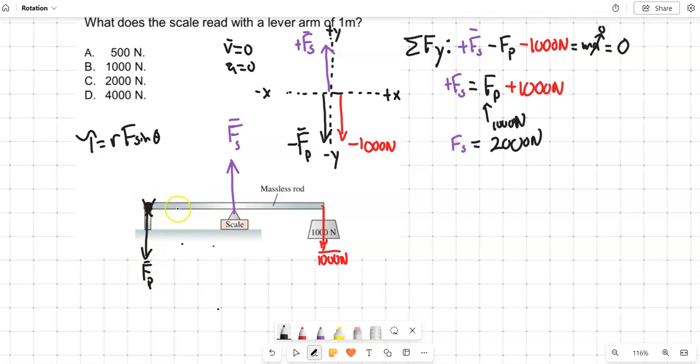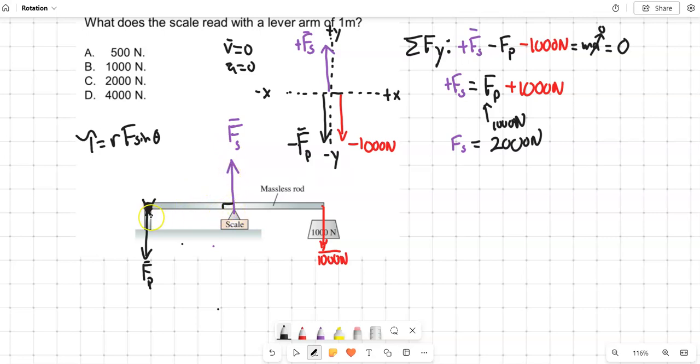But starting from the pivot point going out, I want to find R and theta and the direction that this force is going to turn this. So if this is a lever arm, this force is perpendicular to that lever arm. So the sine of 90 degrees is going to be equal to 1. What I also want to determine is if this force is going to spin our lever arm clockwise or counterclockwise.